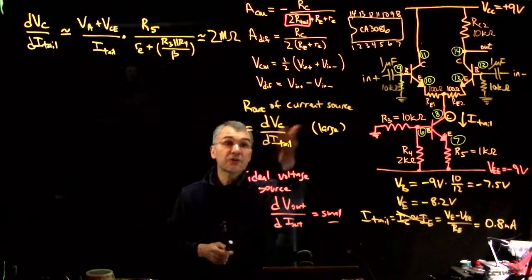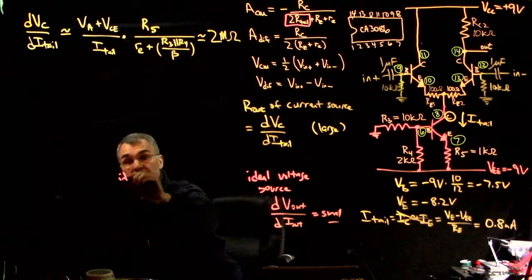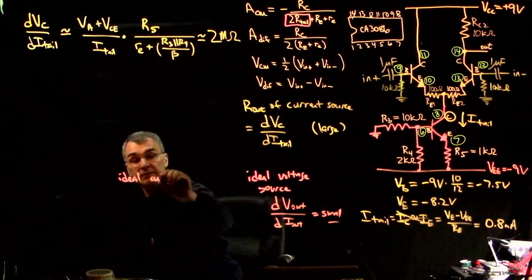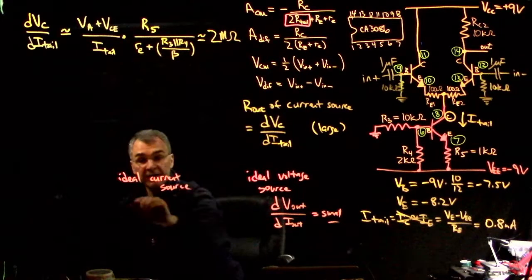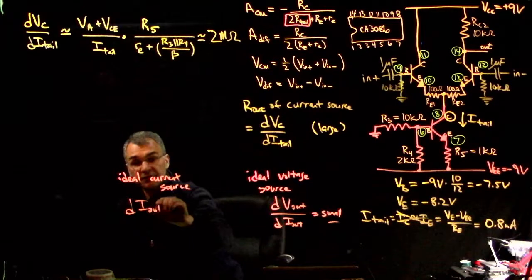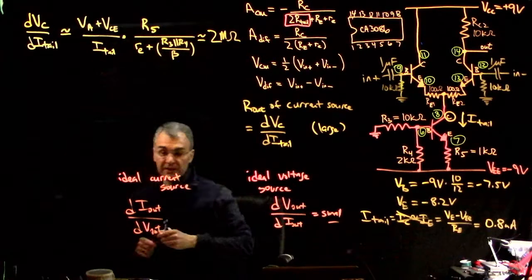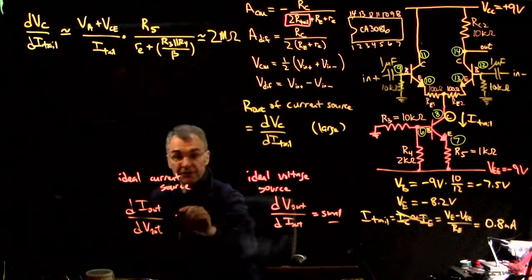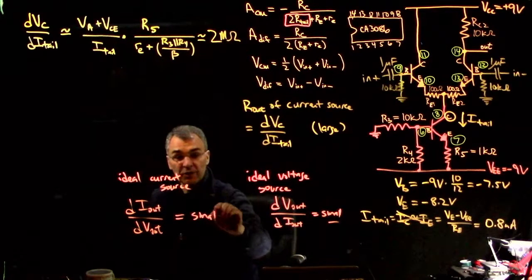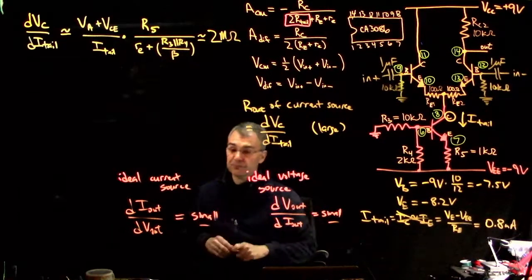An ideal current source has dI out with respect to dV out small. In other words, it outputs the same current. You want it to output the same current even if the voltage across the load changes.